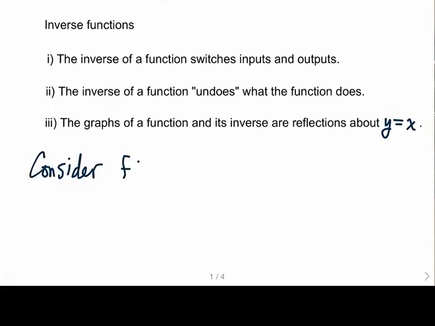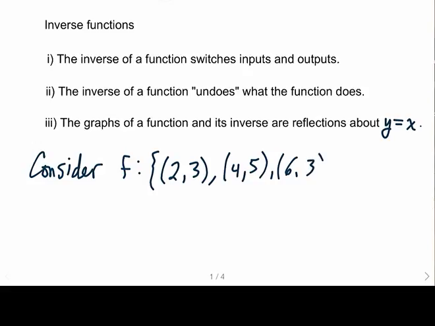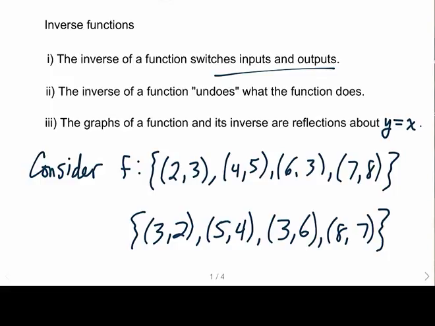Suppose we consider a function f that's defined to be just a set of ordered pairs. Let's say (2, 3), (4, 5), (6, 3), and (7, 8). You can see I was really creative with this one. If we switch inputs and outputs, we get a set of ordered pairs that looks like (3, 2), (5, 4), (3, 6), (8, 7).